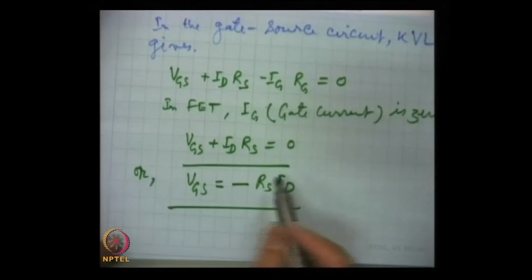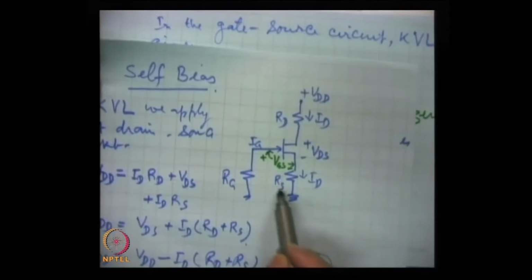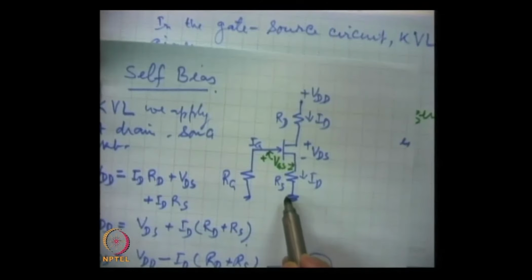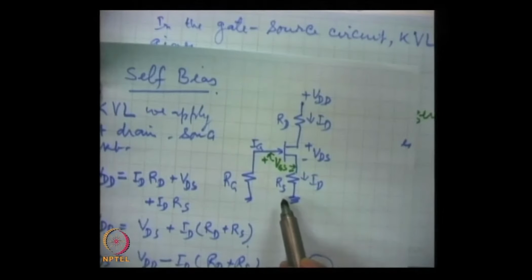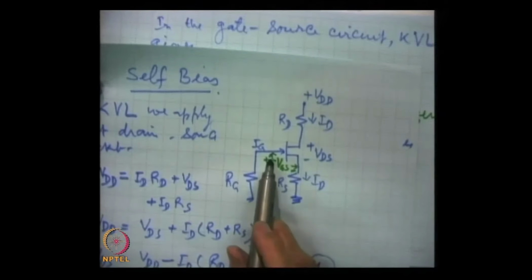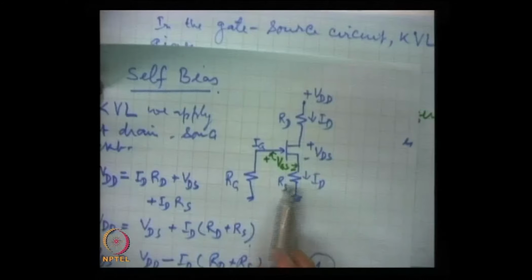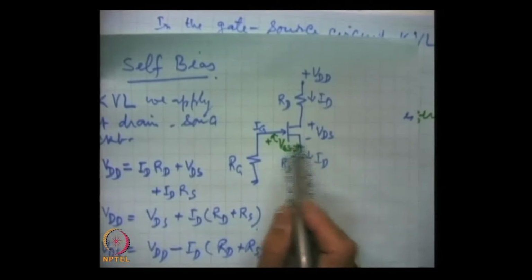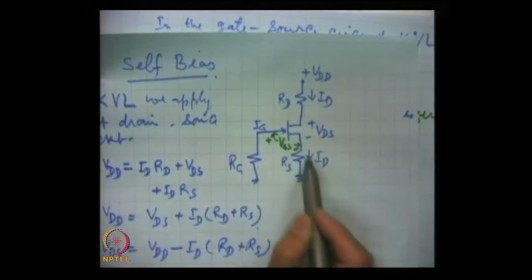In the self bias, that is available as the voltage drop across this resistance Rs. That is why it is called self bias. There is no extra battery to provide this voltage Vgs, but it is available as a drop across this.